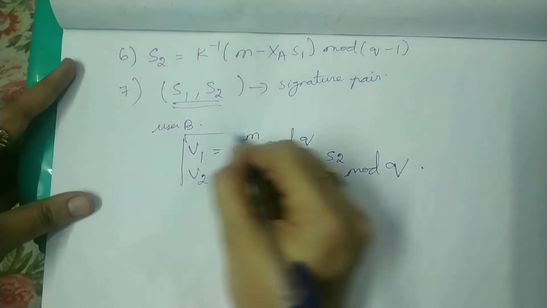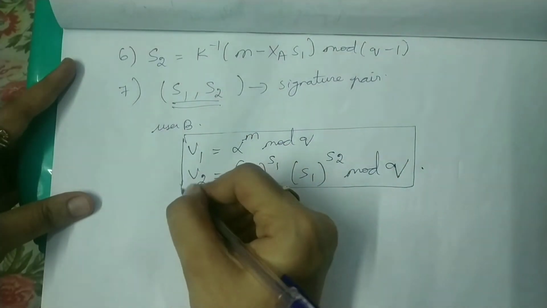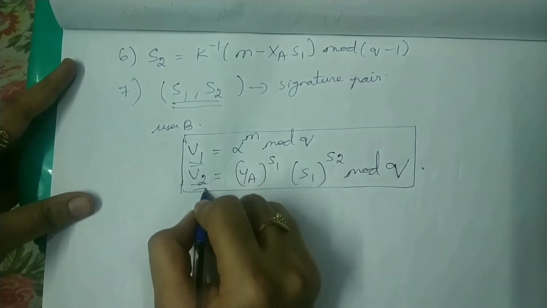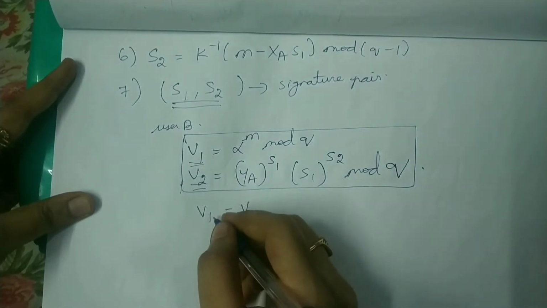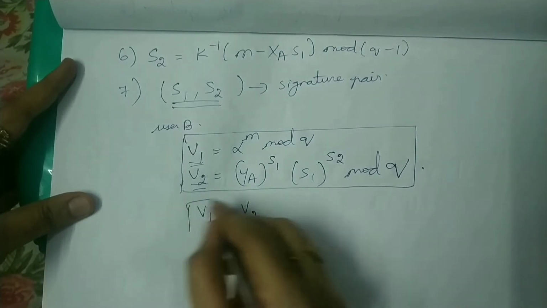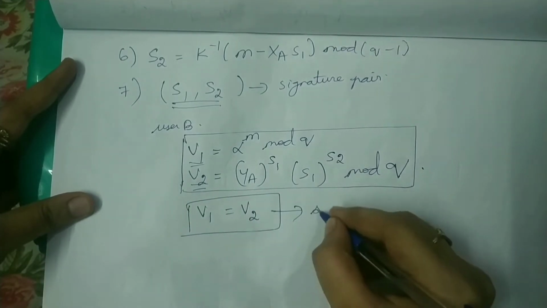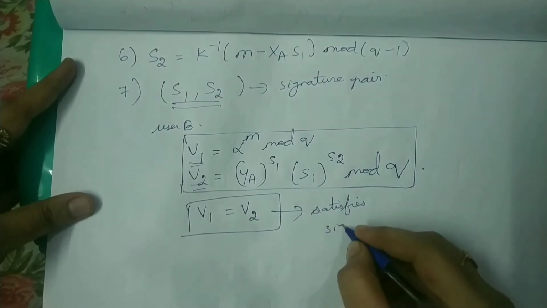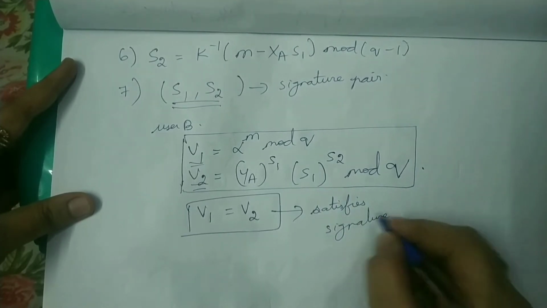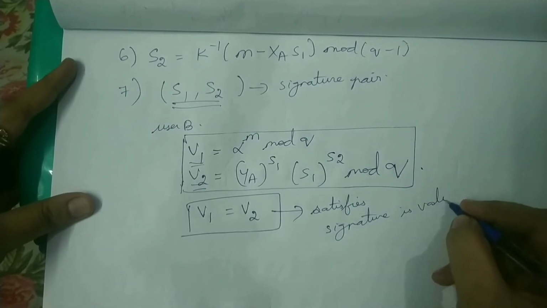So these are the two formulas. We need to find V1 separately and V2 separately. If V1 is equal to V2, then we can say that the signature is valid.